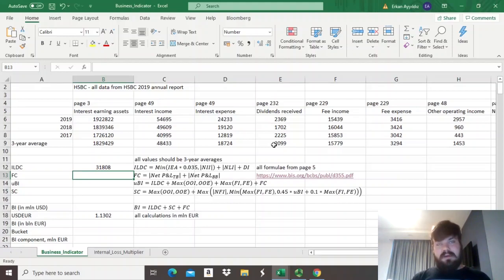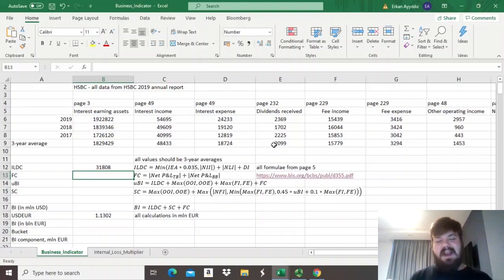The financial component revolves around summing up the absolute net profit of the trading book and the absolute net profit of the banking book. Why is it concerned with those two components? Well, because even if you make a loss on banking or trading books, you still have to acknowledge that the bank is large enough to maintain high volumes on both of those.